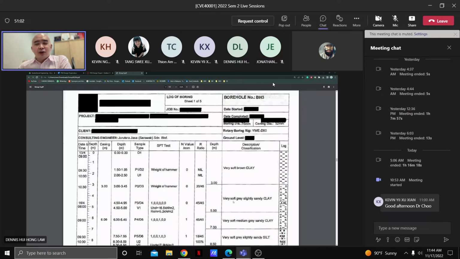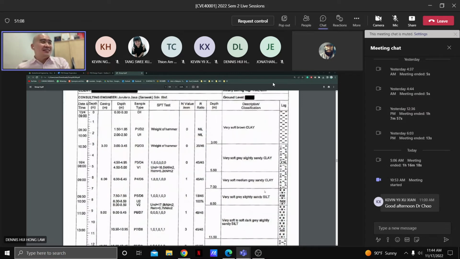The color of the clay is not important now, honestly lah. For the geotechnical engineer, I don't care about the color. More important is the strength, and whether it's soft or very soft or firm. Okay. Thank you. That's all.